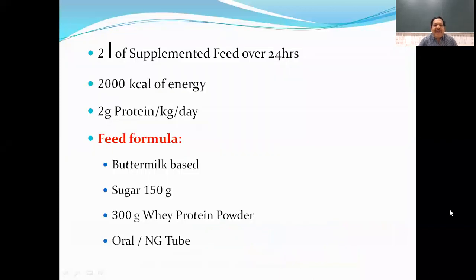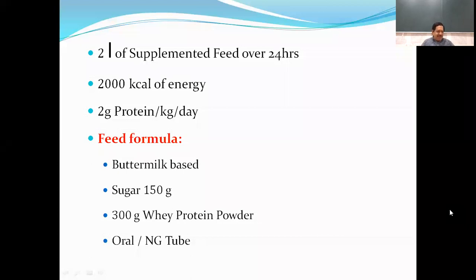Now they developed a feed or nutritional supplement based on Indian dietary habits. Two liters of supplemented feed over 24 hours is supposed to give us 2000 kilocalories of energy, and it contains a minimum of 2 grams of protein per kg body weight per day. The feed formula is Indianized, buttermilk based.